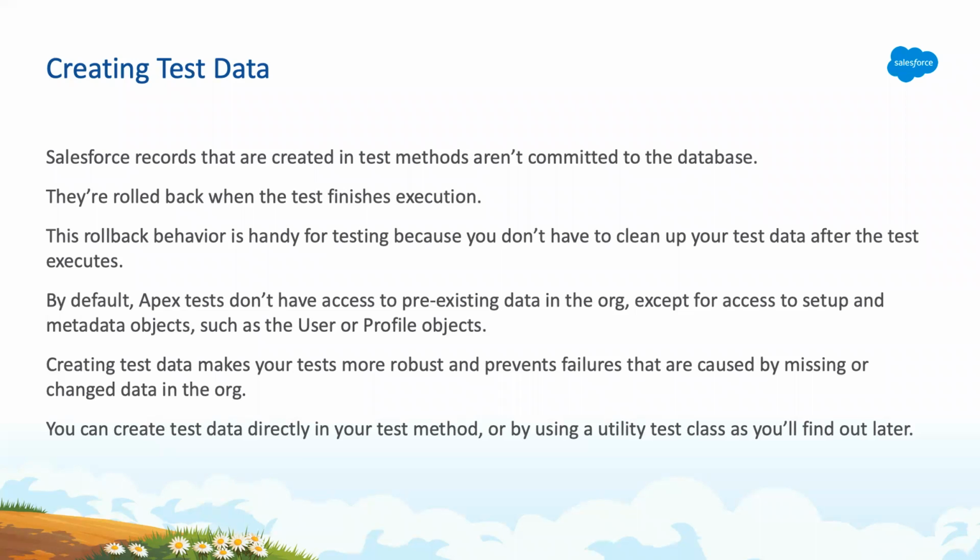I mean, we can use some annotations and get access to pre-existing data as well. Metadata objects, users, and user profiles are available in the default context, so no need to make any changes to get the metadata information in test classes.